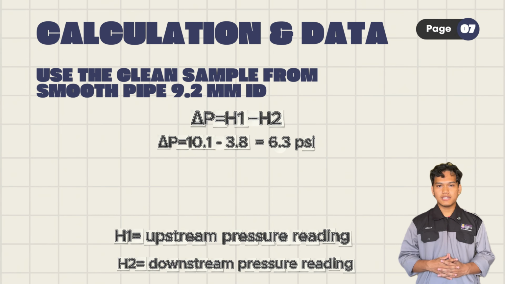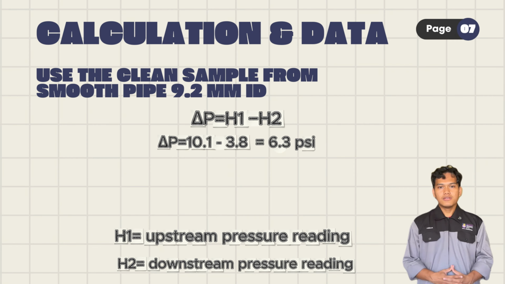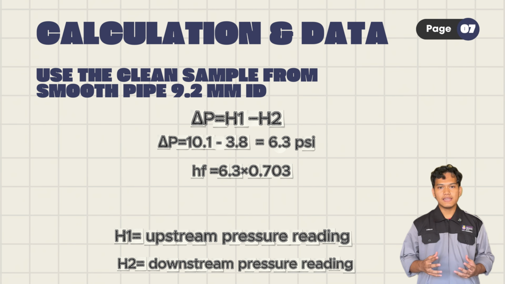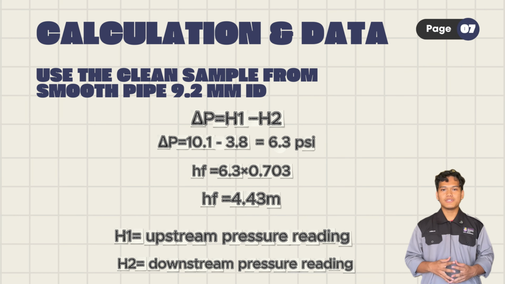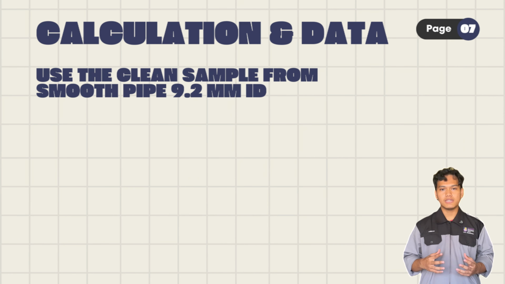The upstream pressure reading H1 was 10.1 psi, while the downstream pressure reading H2 was 3.8 psi. So, the pressure difference delta P is equal to 6.3 psi. Then, the head loss HF is equal to 6.3 times 0.703, which is 4.43 meters. Therefore, the head loss for this reading is 4.43 meters. The same calculation method was repeated for all the other readings.